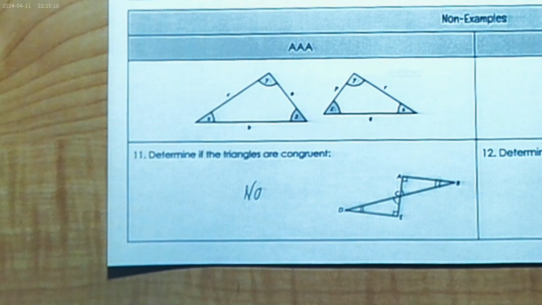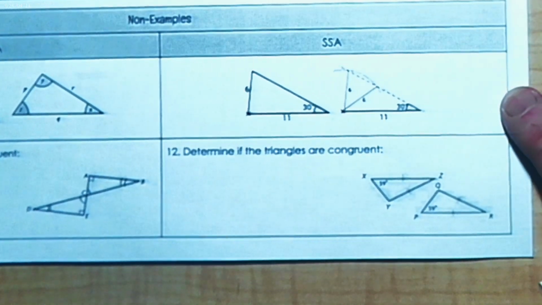I do not have enough information to say whether or not they are congruent. And it's not even an issue of small print. The only information I have are angles. You need some kind of side measurement in order to be able to make that declaration.